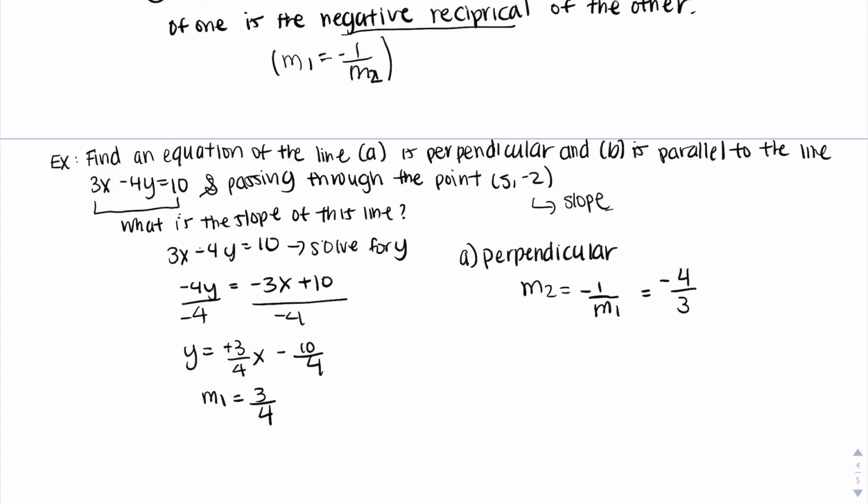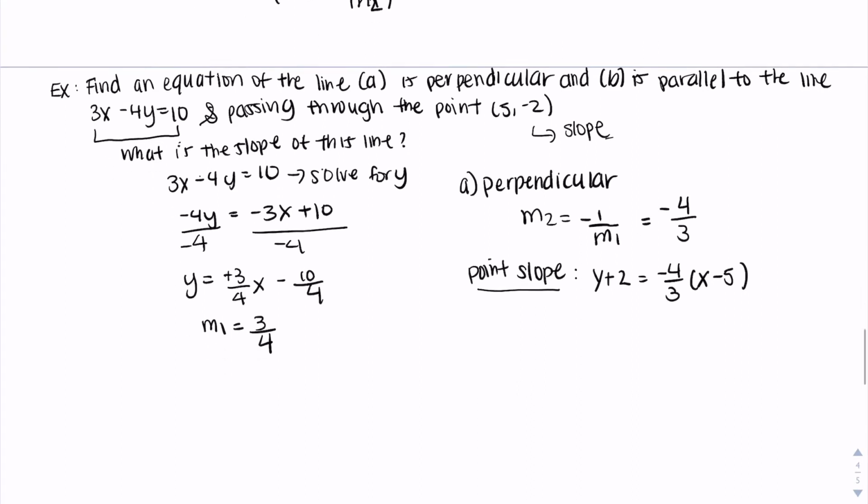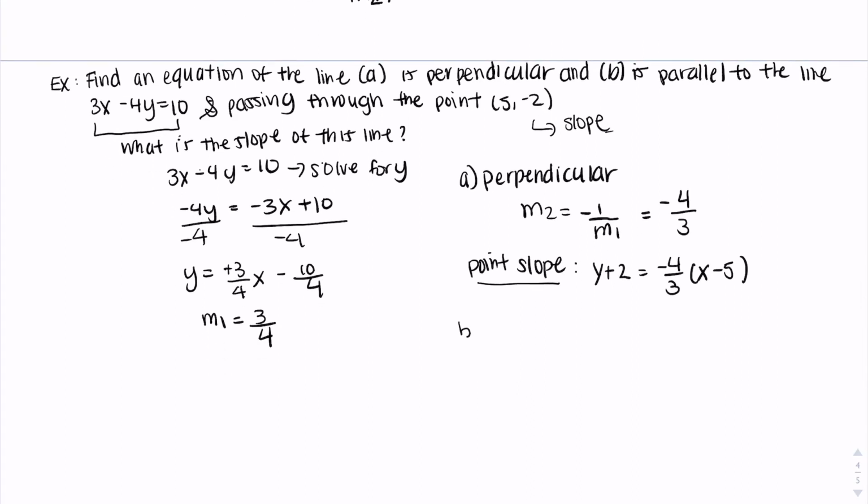And since we have the point, we can also write it in point slope form, which is y plus 2 equals negative 4 over 3 times (x minus 5). So that would be the equation.